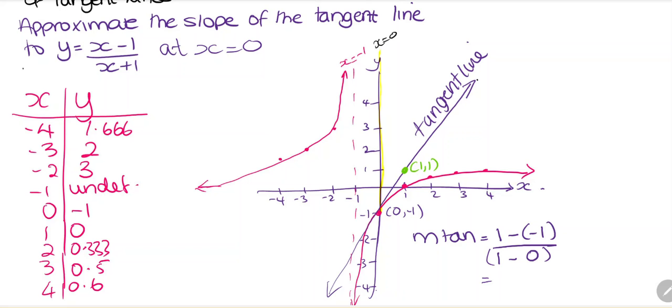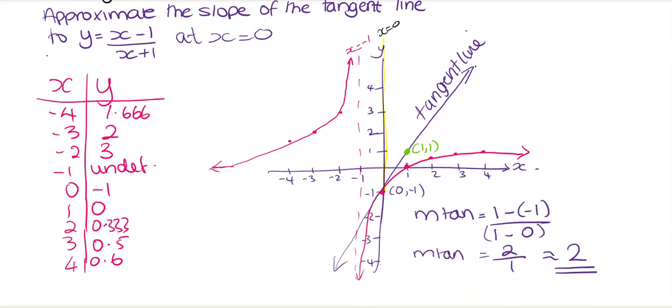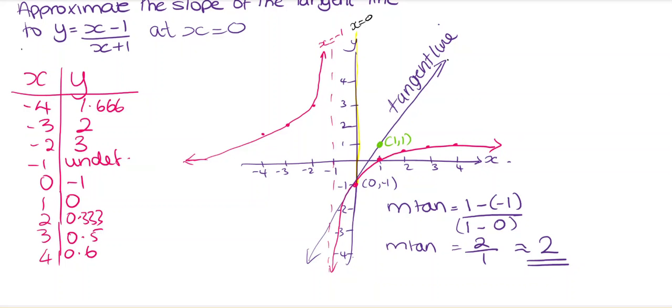So this is going to be 2 divided by 1, which is approximately 2. So we have a slope of the tangent line of 2.